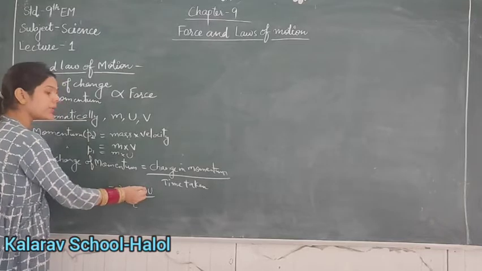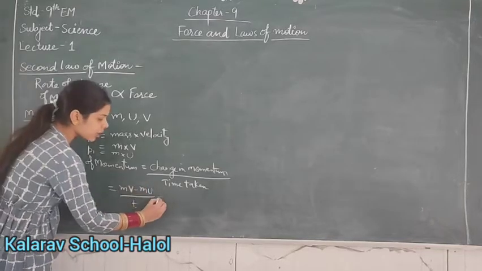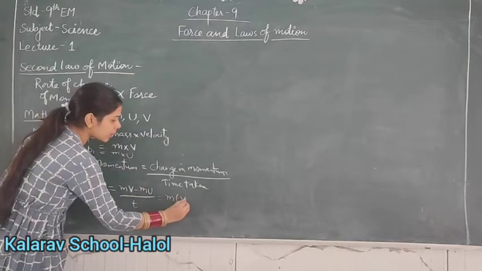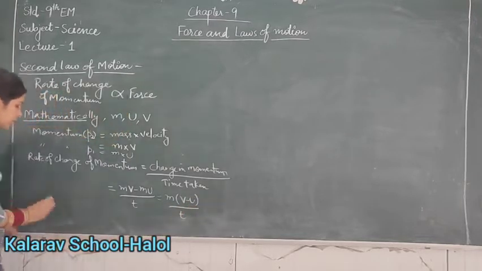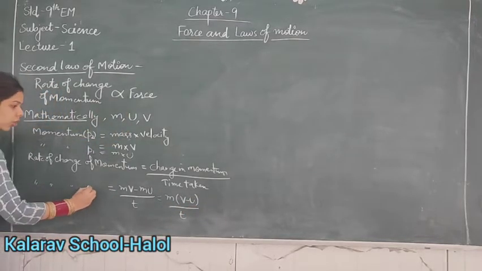As m is common for the object, take m out: m(v minus u) upon t. This is the rate of change of momentum.